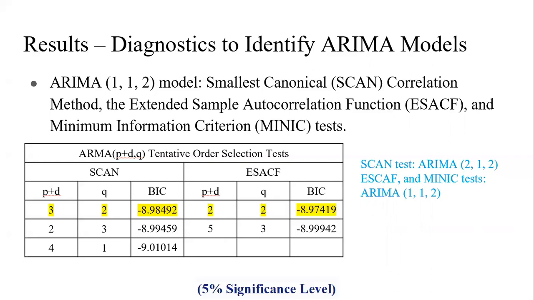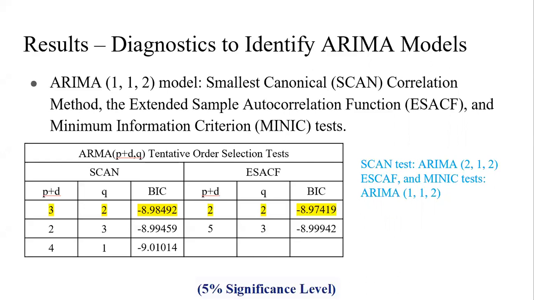The table below in the slide shows that the three methods suggest an AR1 and MA1, as indicated by the identification stage, where P is 1, which is the order of the autoregressive process, D is 1, which is the level of difference, and Q is 2, which is the order for the moving average process. In addition, P plus D is 1 plus 1, which is 2.